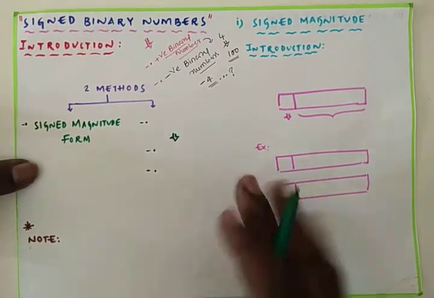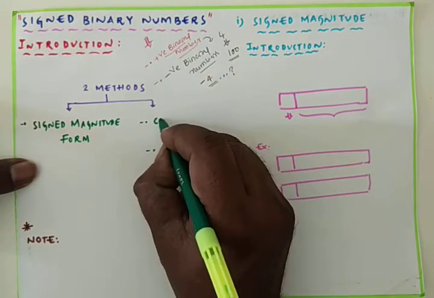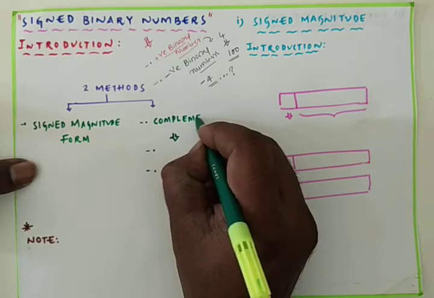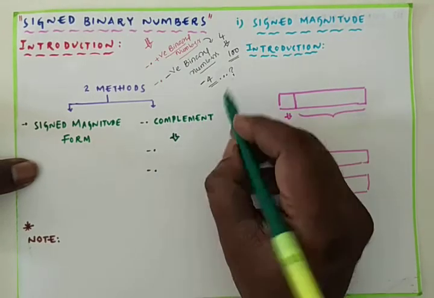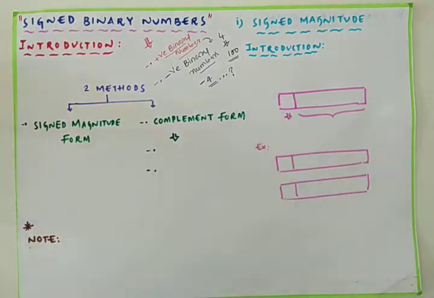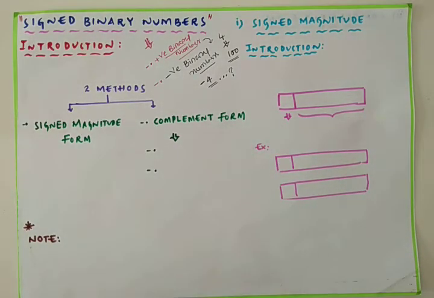Second method, using complement form, we can represent the signed binary numbers. Signed binary numbers, mostly negative binary numbers, can be represented in two ways: sign magnitude form, and complement form.